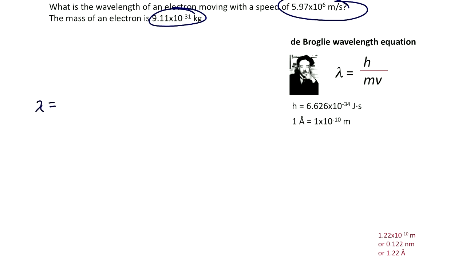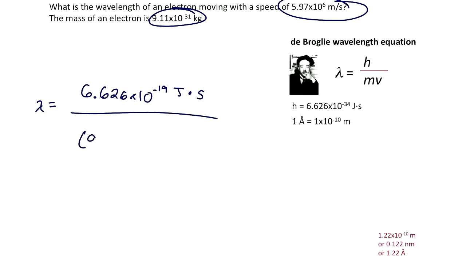So wavelength equals Planck's constant, 6.626 times 10 to the negative 34 joule second, over mass, so 9.11 times 10 to the negative 31 kilograms. So do recall, the unit of a joule is a kilogram meter squared over second squared.